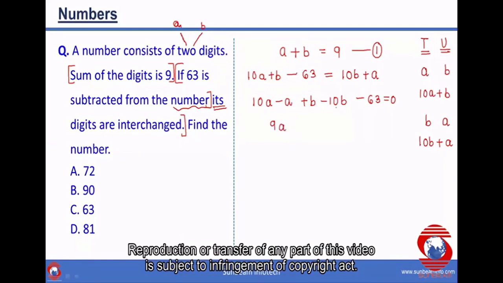And here plus B and minus 10B, can I say minus 9B? This 63, I'll take it on this side. Can I say I will divide the entire equation by 9? So if I divide it by 9, what will the answer be? Divided by 9 here, divided by 9 here and divided by 9 here. So can I write this as the second equation? Is this correct till this?